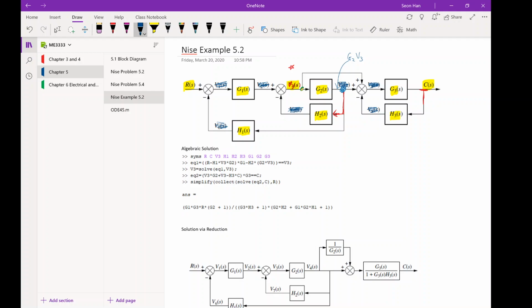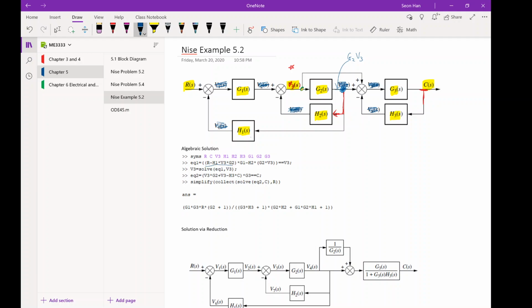Now my equation 1 starts from R. So I have R minus H1 times the name for that signal right there, G2 times V3. Do you see that?